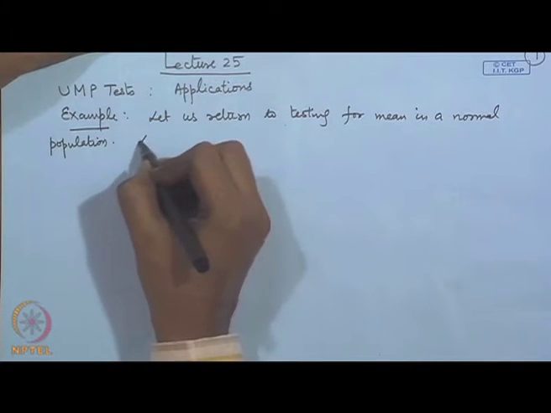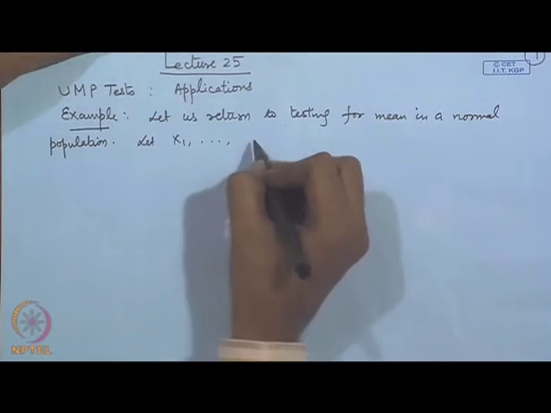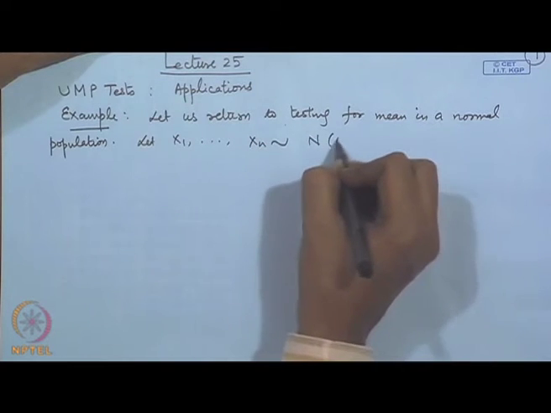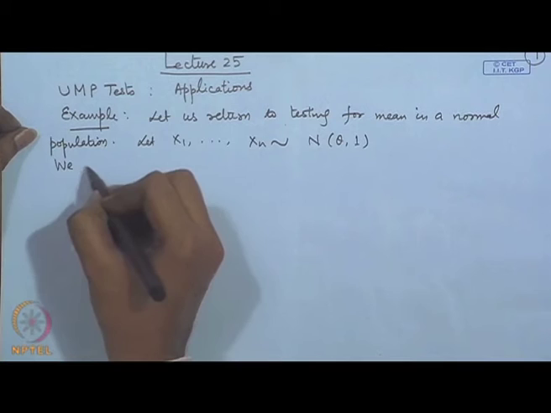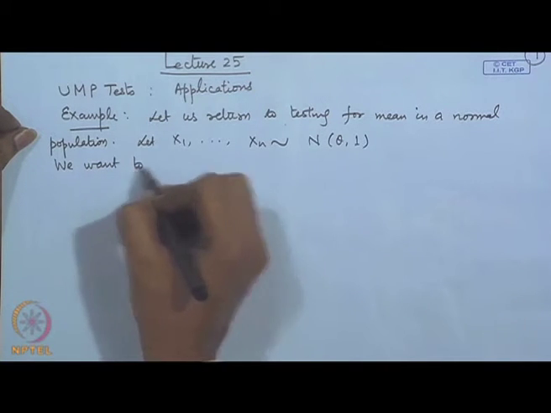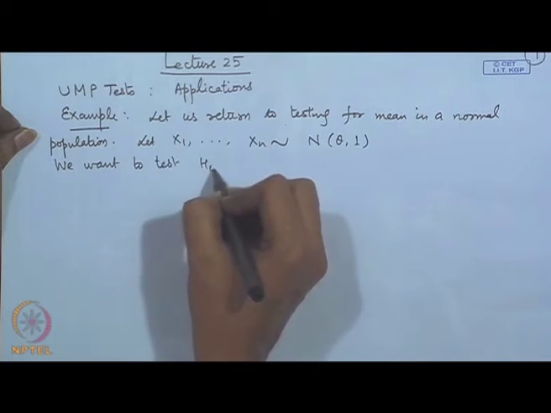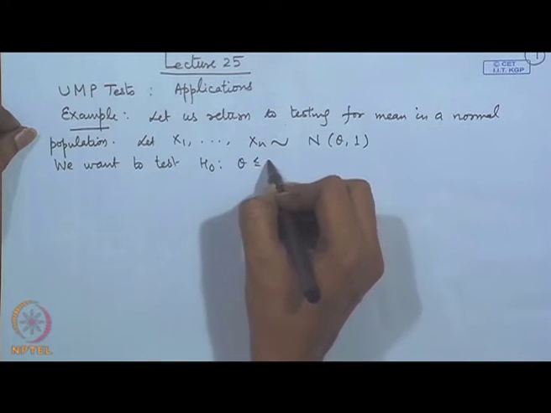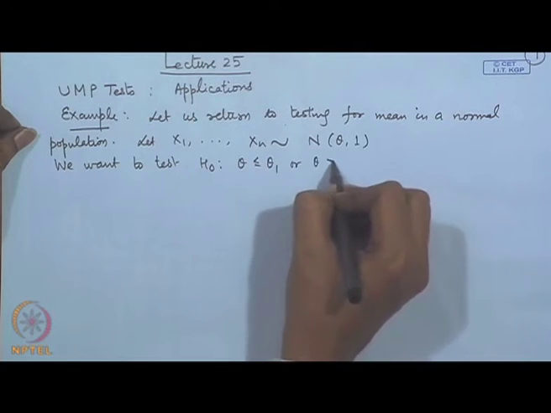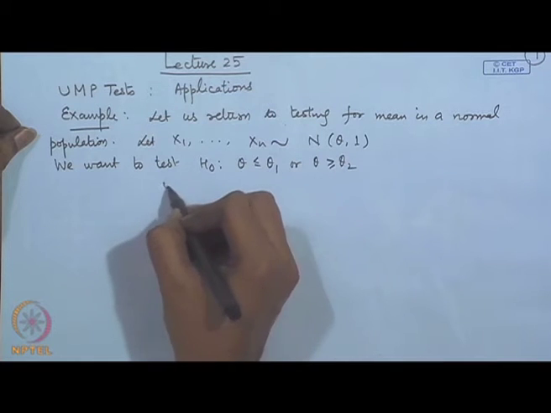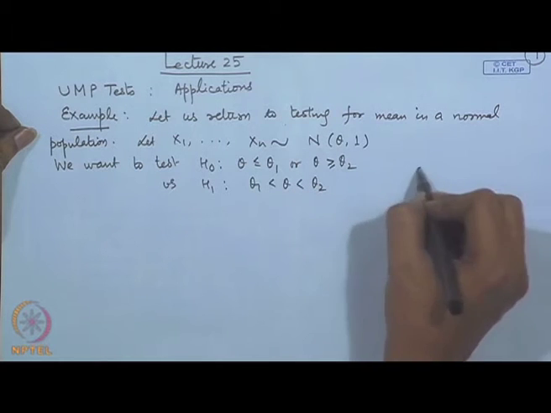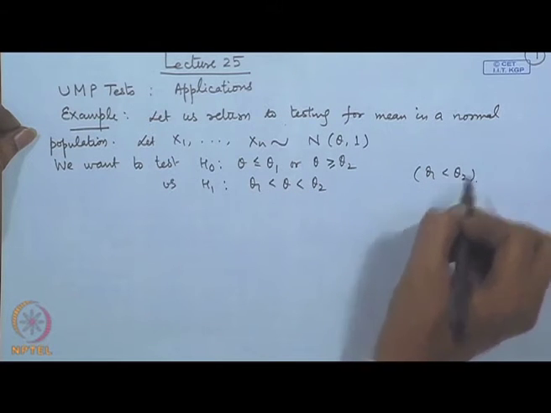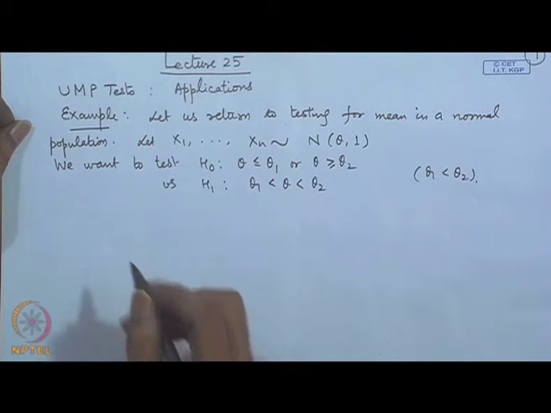That means we have the setup that x1, x2, ..., xn is a random sample from a normal theta 1 distribution, and we want to test H naught: theta less than or equal to theta 1 or theta greater than or equal to theta 2, against H 1: theta 1 less than theta less than theta 2. Here of course, we have assumed that theta 1 is less than theta 2.